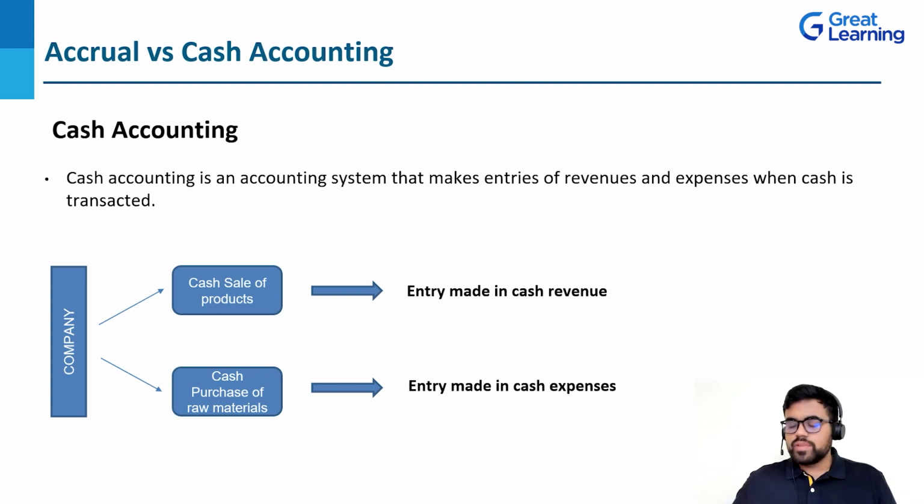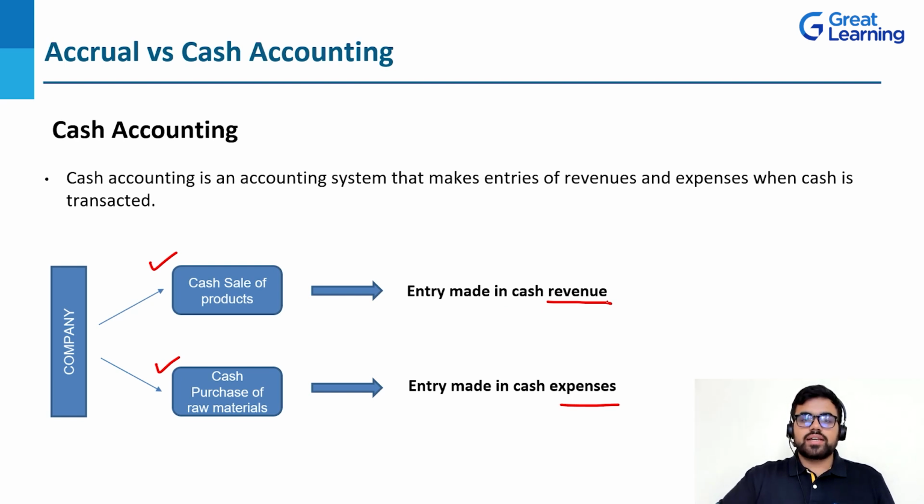Let's say that you are purchasing raw materials for your business. The day on which you give out the payment in cash will be recorded in the expense account. Secondly, when you make the sale of those products, on the day you receive that cash from the particular customer, the entry will be made in the revenue account.